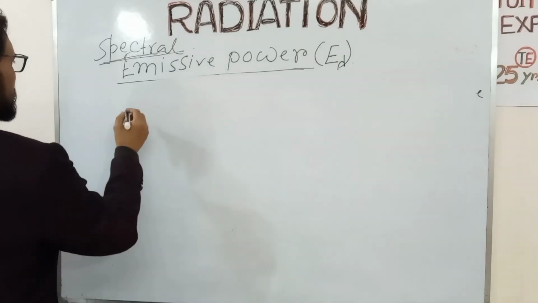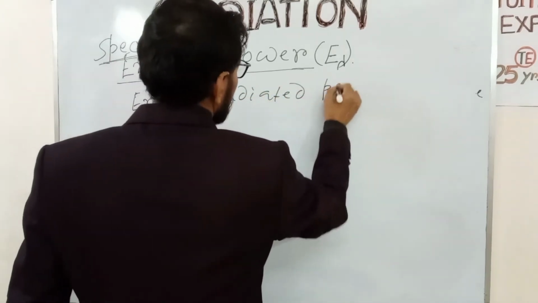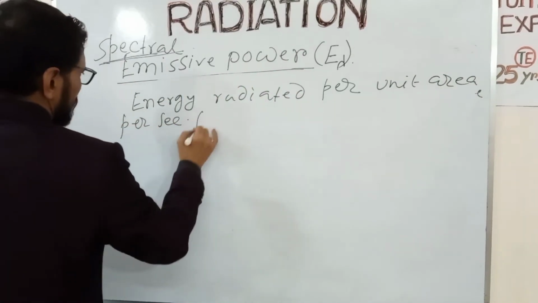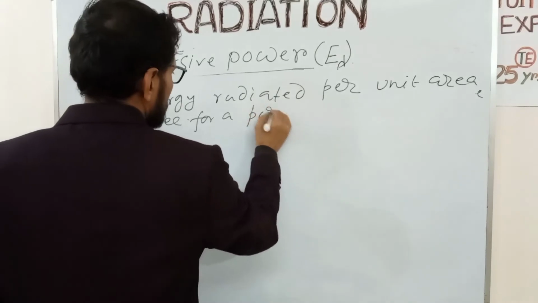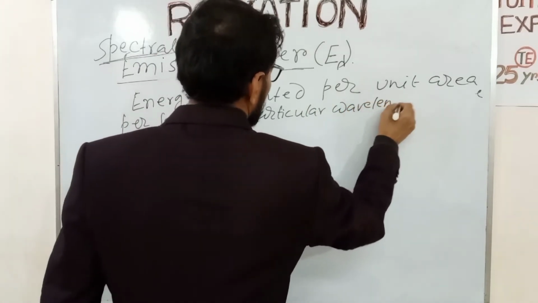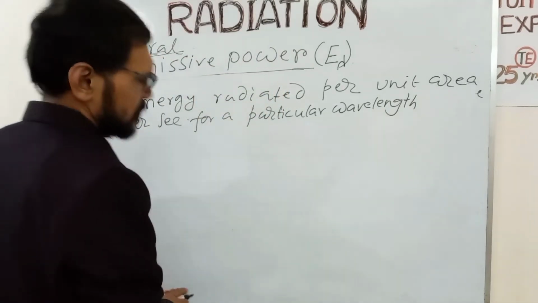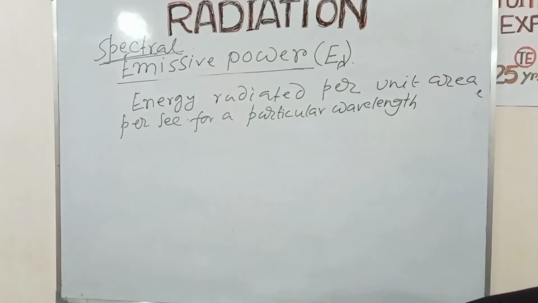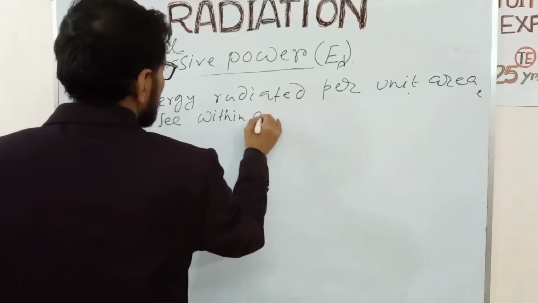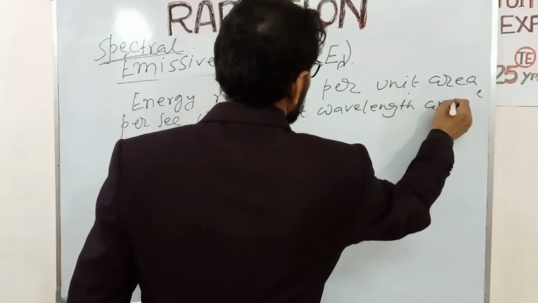Spectral emissive power is defined as the energy radiated per unit area per second for a particular wavelength, that is, the energy radiated per unit area per second within a unit wavelength around lambda.